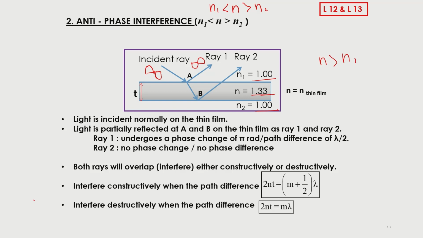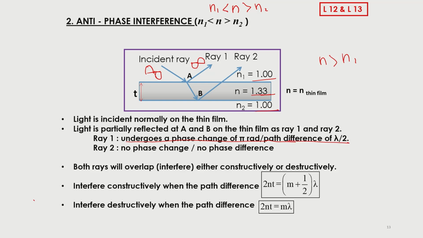That's why it has a phase change. Remember the analogy: now you are poor and you want to become rich, so you need to change. The same goes for this situation. So ray 1 undergoes a phase change of pi radian with a path difference of lambda over 2.